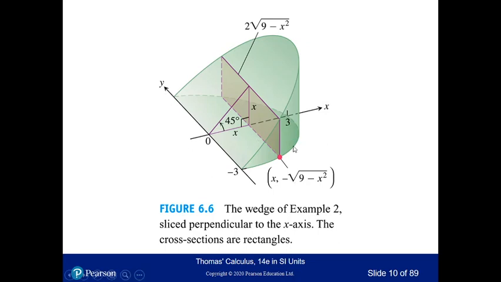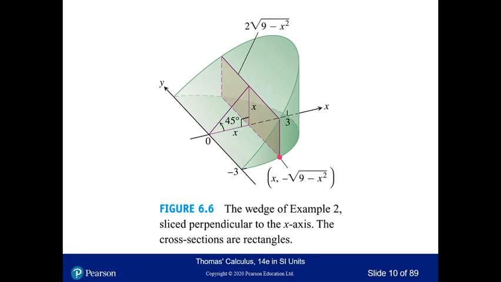If you consider the total base, it's the semicircle. Therefore, the length of the rectangle is 2 times the square root of 9 minus x squared. So now we can easily calculate the area of this rectangle, which is x times 2 times the square root of 9 minus x squared. Now we are ready to do the integration.